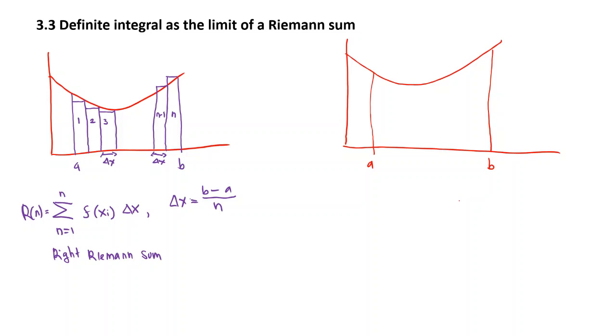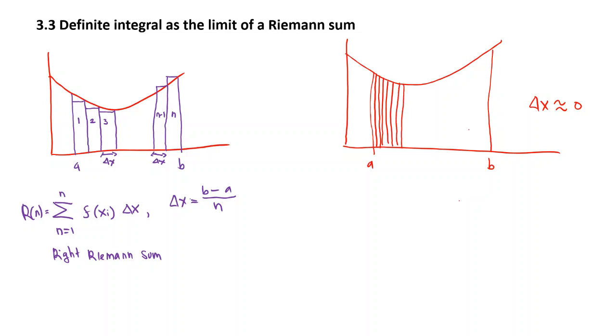Let's say we have a delta x here. Delta x is very small, close to 0. So we can have the first rectangle, second one, the third one, the fourth one, and so on and so forth.